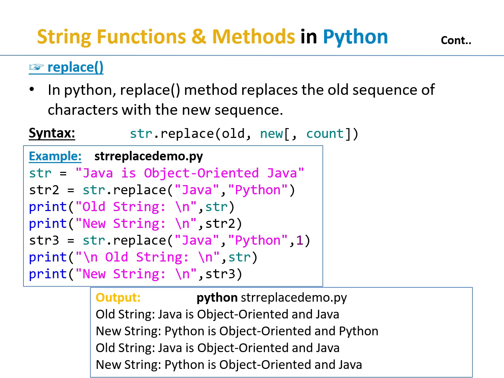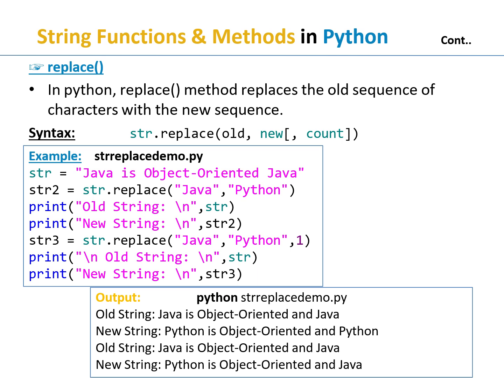The first print statement is old string \n str, and the second print statement is new string \n str2. The output is old string Java is object oriented Java, and new string Python is object oriented Python. Here Java is replaced by Python.